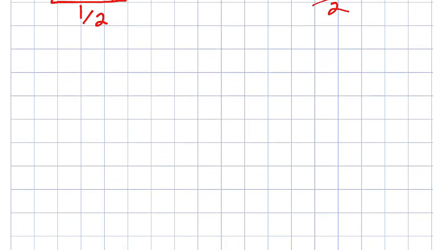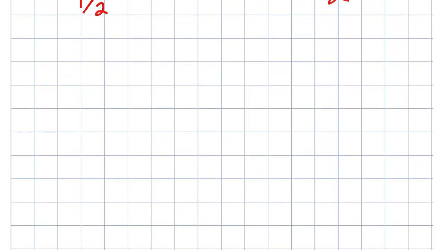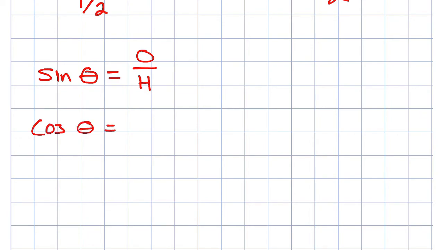Remember that the sine of an angle is the opposite over the hypotenuse. The cosine of an angle is the adjacent over the hypotenuse, and the tangent of an angle, and oftentimes theta is used for the angle, is the opposite over the adjacent.